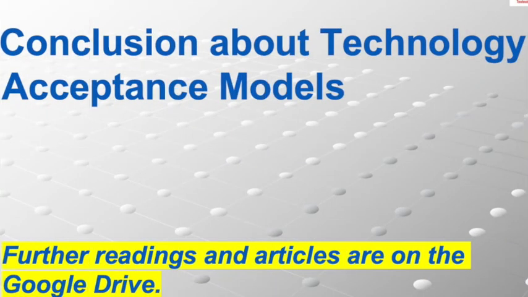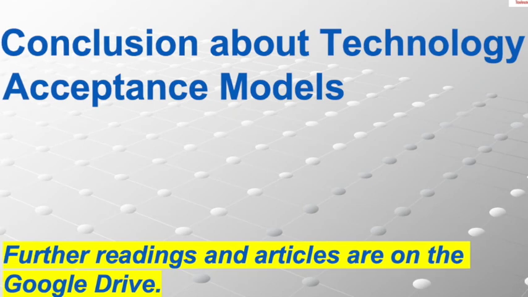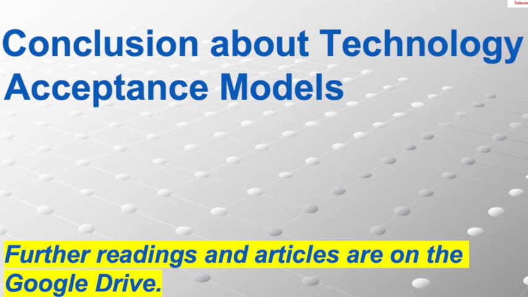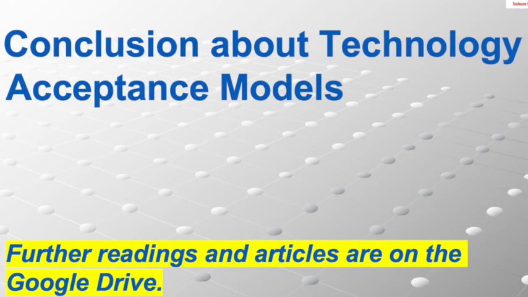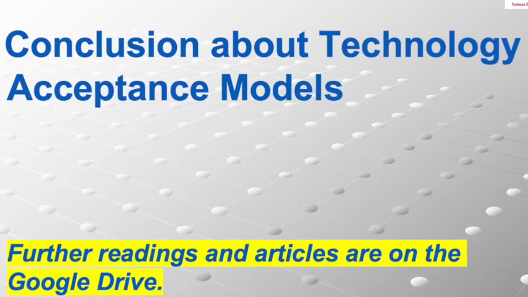So in summary, we have seen that technology acceptance models can be developed for all new technologies. It is important to understand the concerns of the customers, the benefits a technology brings to the customers, and the reluctances a technology or the barriers a technology brings to customers.